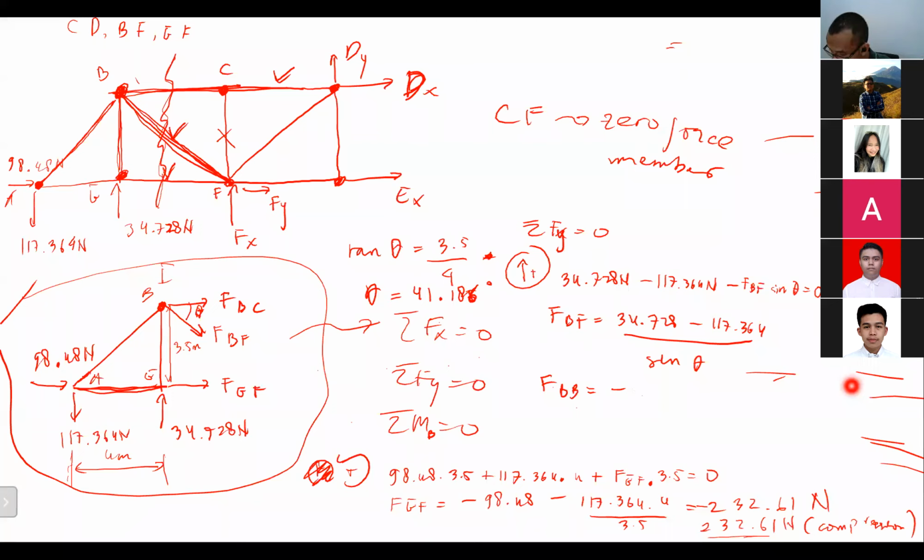So this is your result: minus 54.416 Newton, or 54.416 Newton compression.